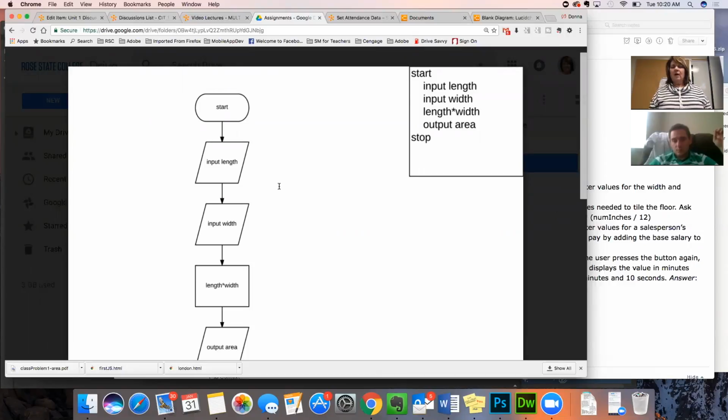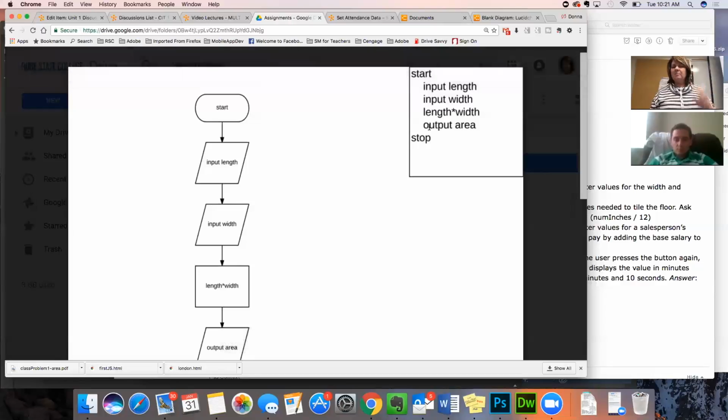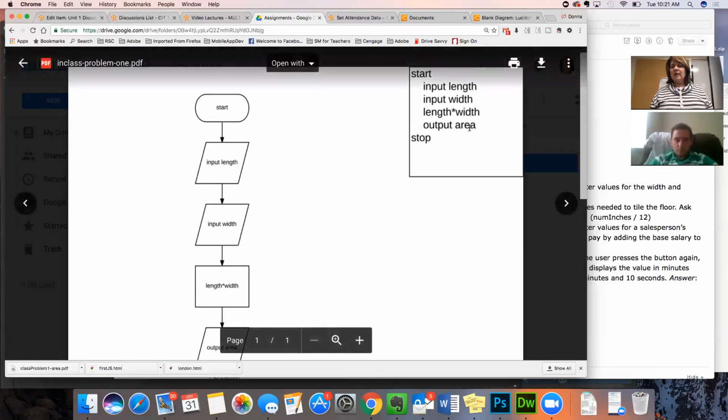Okay. So up here is the pseudocode they used. Input length, input width. And this is the area, but you say output area, but you never used it right here. The only thing I see is that you say output area, but where did you calculate it?